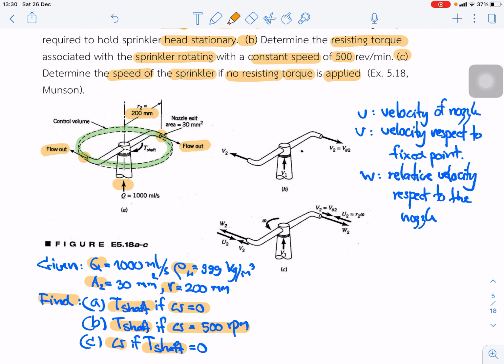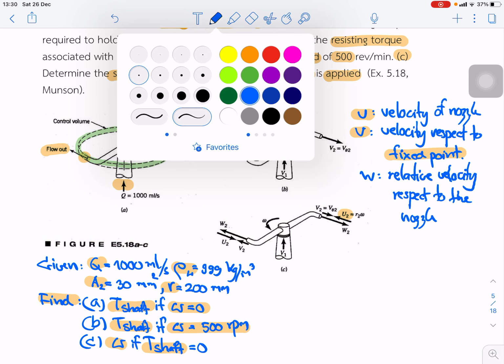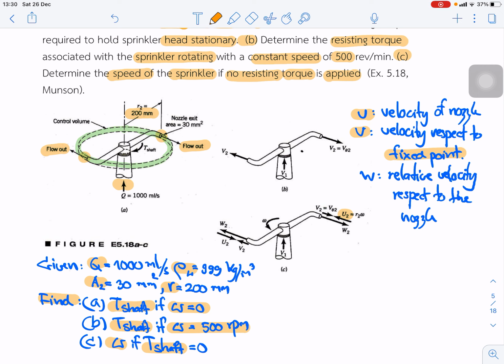You can draw the direction of the velocity. There are three velocities. U is the velocity of the nozzle, U equal to R omega, and V is the velocity with respect to the fixed point. So what is the meaning of this? If you sit somewhere here, what you see is V2.